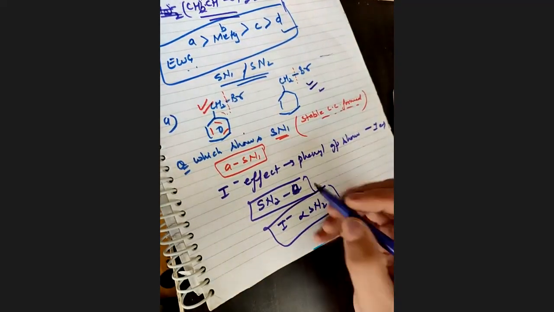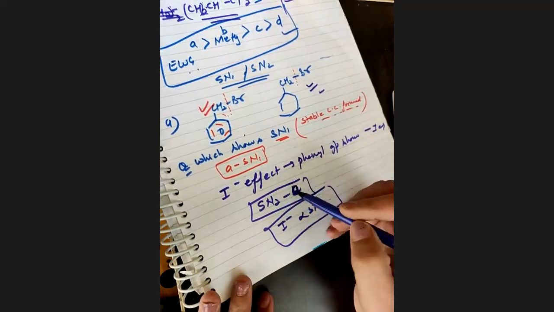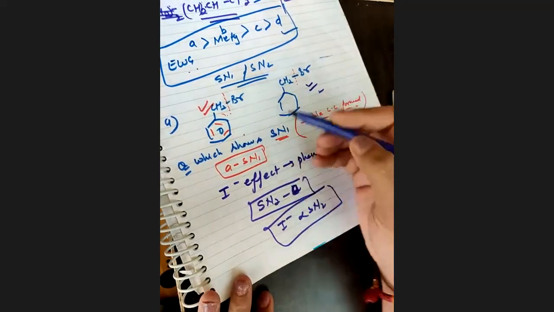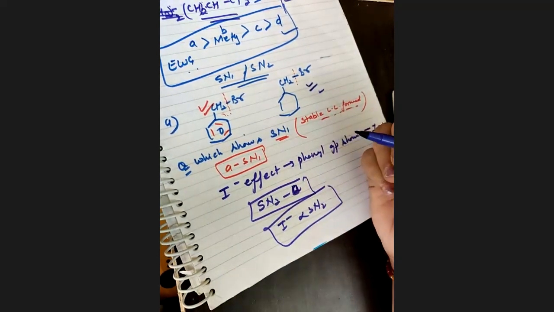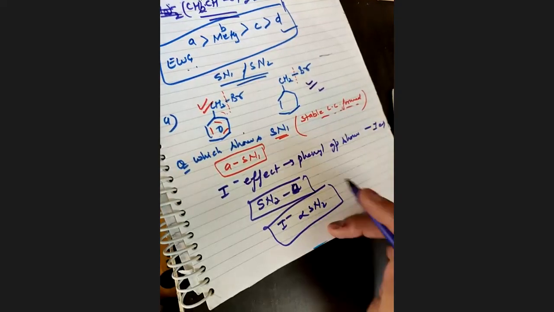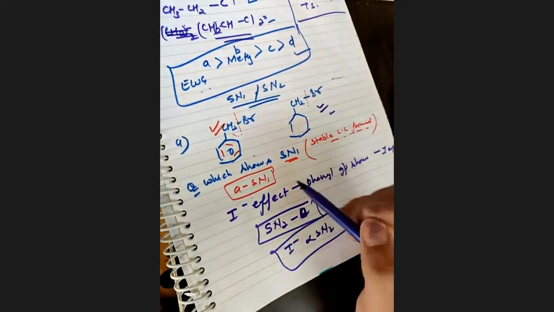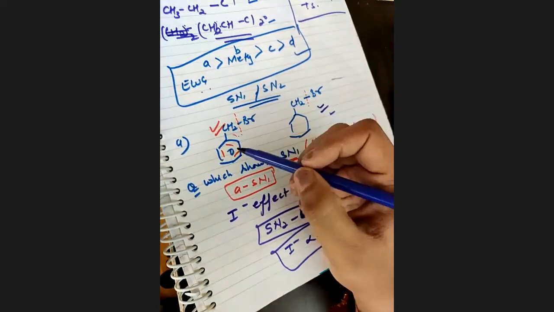So your A compound, this one, shows both SN1 and SN2. So this is an exception. Sometimes we get confused, as I did just now, because this is a random example.